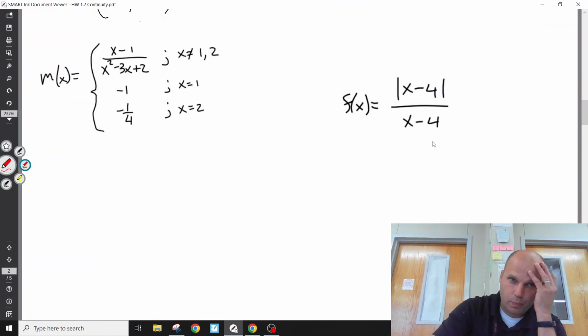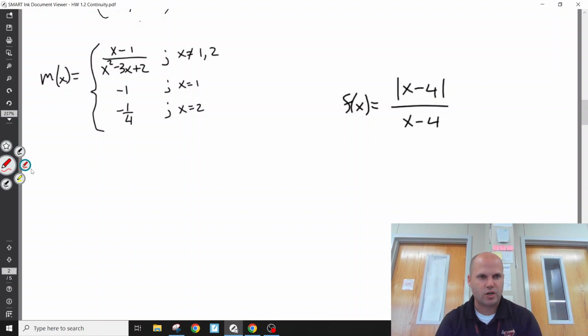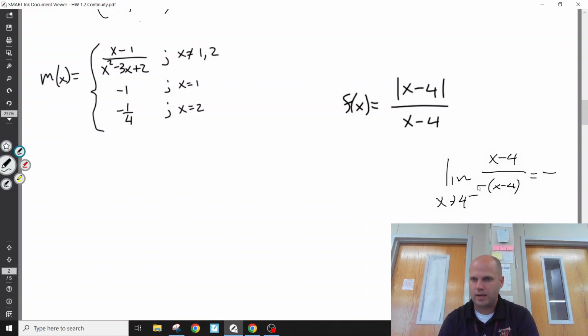Sweet. Before we do the pointwise, let's go to the special jump function. If we are looking to the left of 4, we keep this as x minus 4, but this should be a negative x minus 4. We would end up getting a negative 1 value.